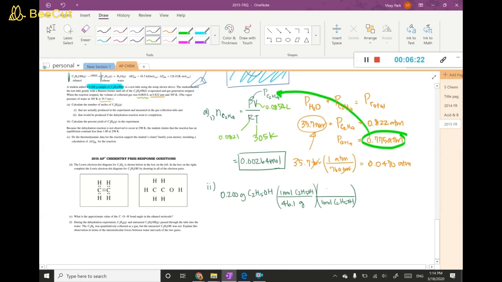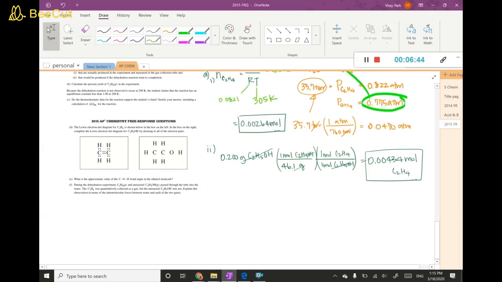So for every mole of ethanol, I have 1 mole of ethene. Okay, and then this cancels out, and we end up with 0.00434 moles of C2H4. Okie dokies, and that's it.